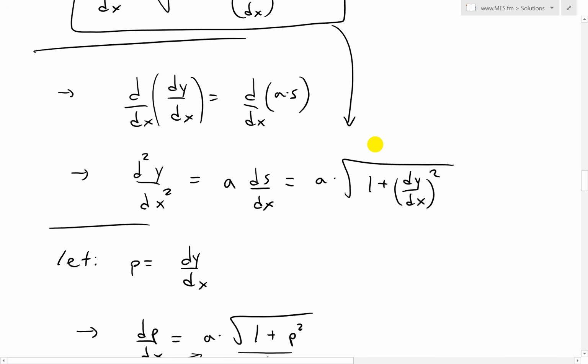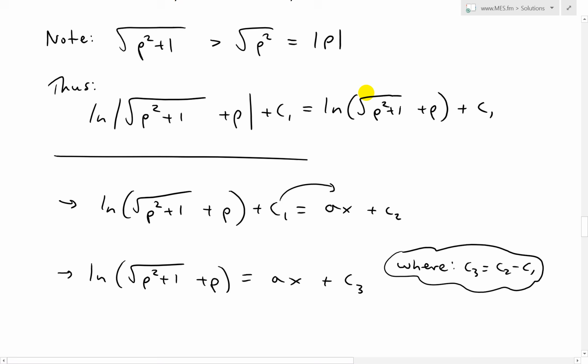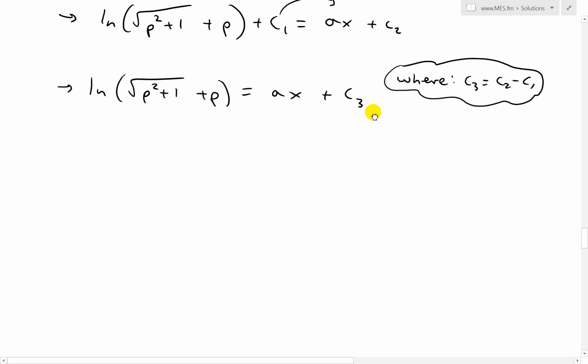So note at x equals 0, we have dy over dx equals p equals 0.